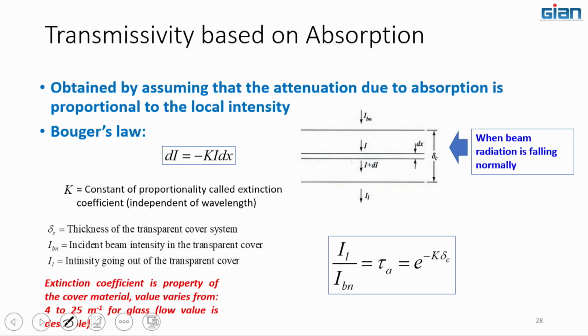Now we'll go for transmissivity based on absorption, which is obtained by assuming that the attenuation due to absorption is proportional to the local intensity. So Bouguer's law says dI is equal to minus KI dx. If you take dI by I equals minus K dx and integrate, because this is the cover system. This is a single cover, you see one line, but this is the expanded view.